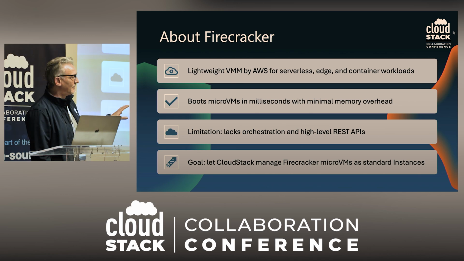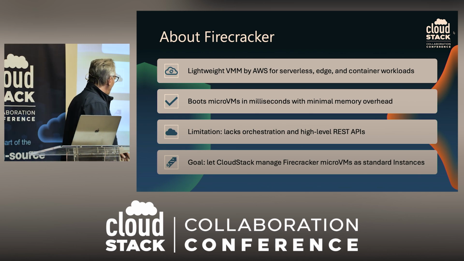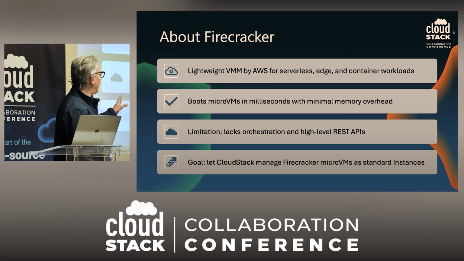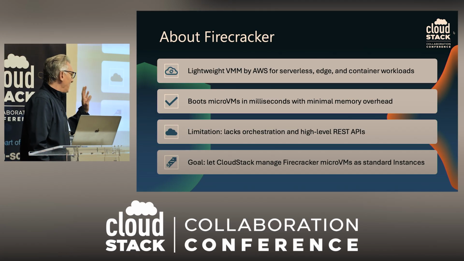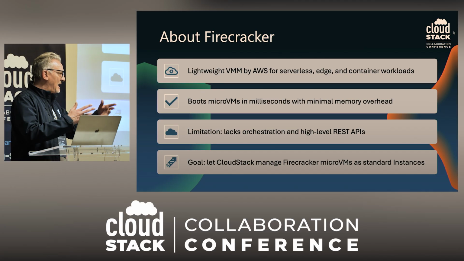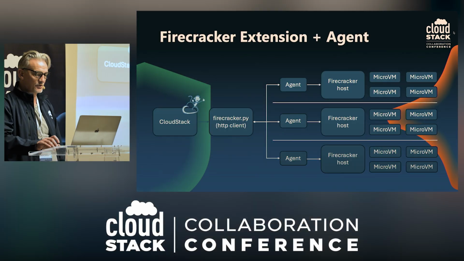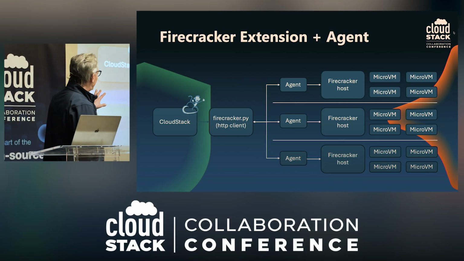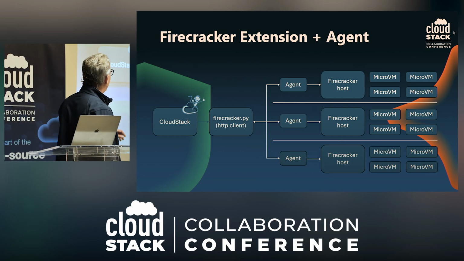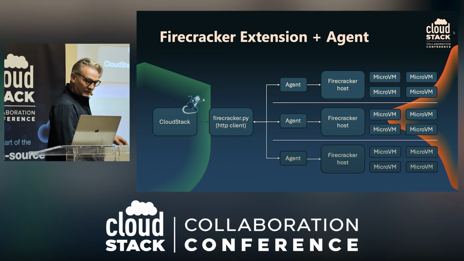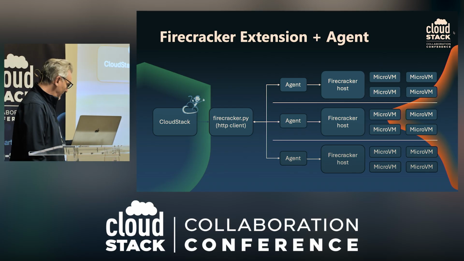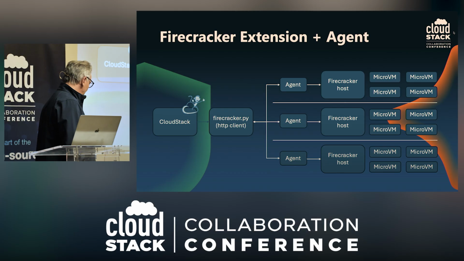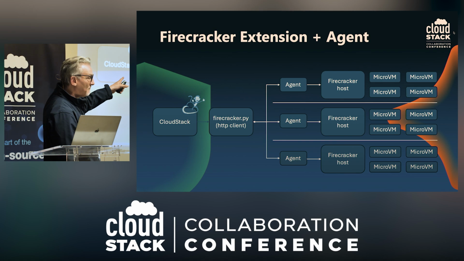So my goal here with this proof of concept is for CloudStack to manage Firecracker micro VMs like a standard virtual machine you have in CloudStack. So the architecture I did to integrate Firecracker with CloudStack: first is the Firecracker Python script on the CloudStack side.